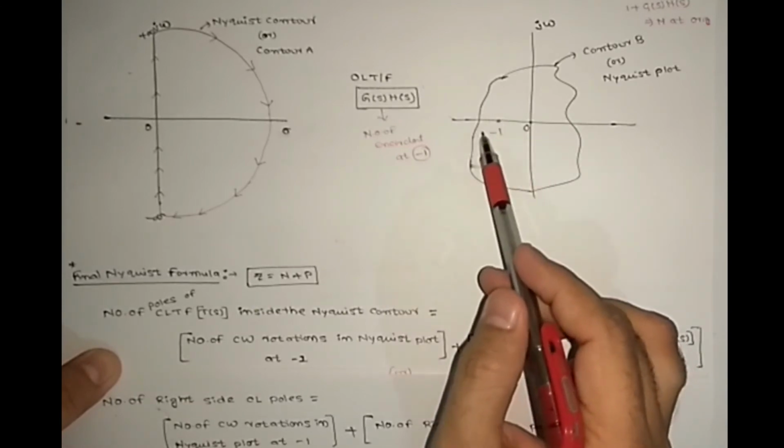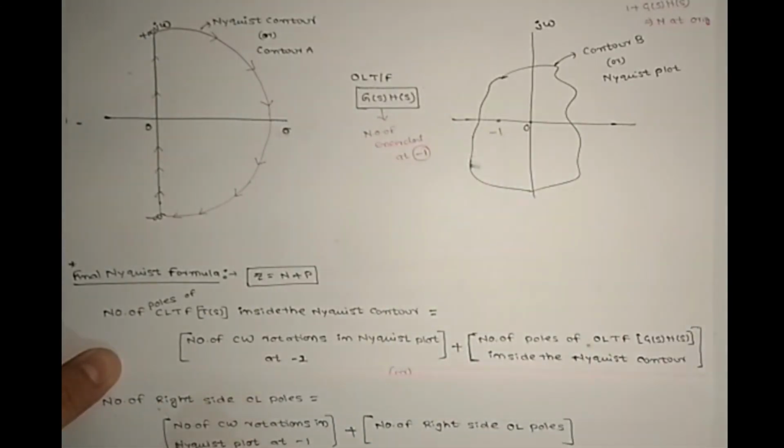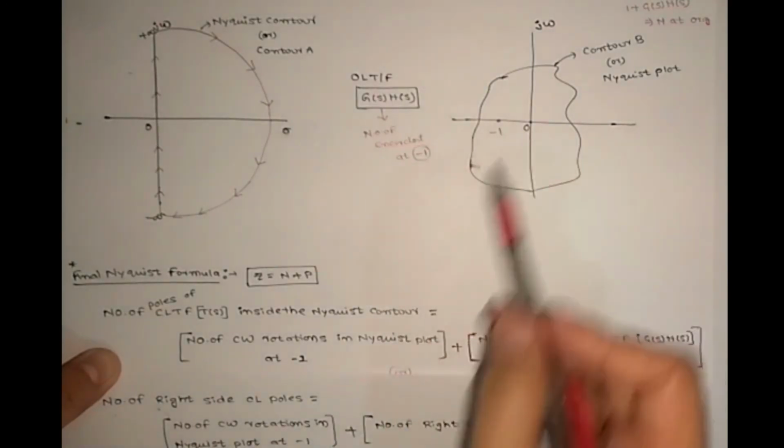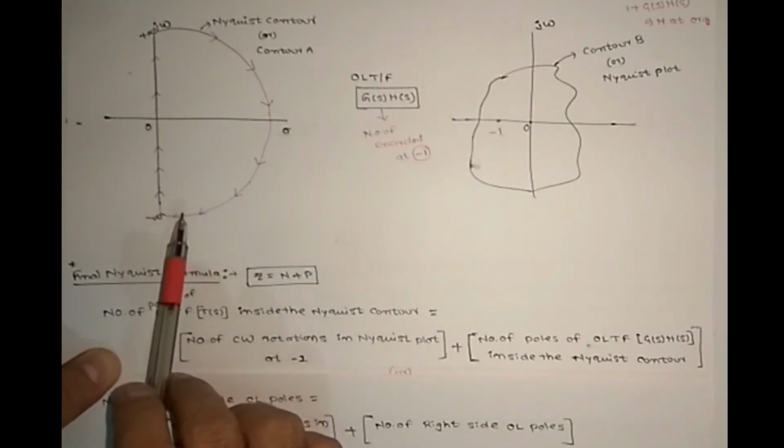Then the number of clockwise rotations in the Nyquist plot at -1, I will substitute, and we know the number of right side open loop poles. If we know these two, then we can tell the number of right side closed loop poles.